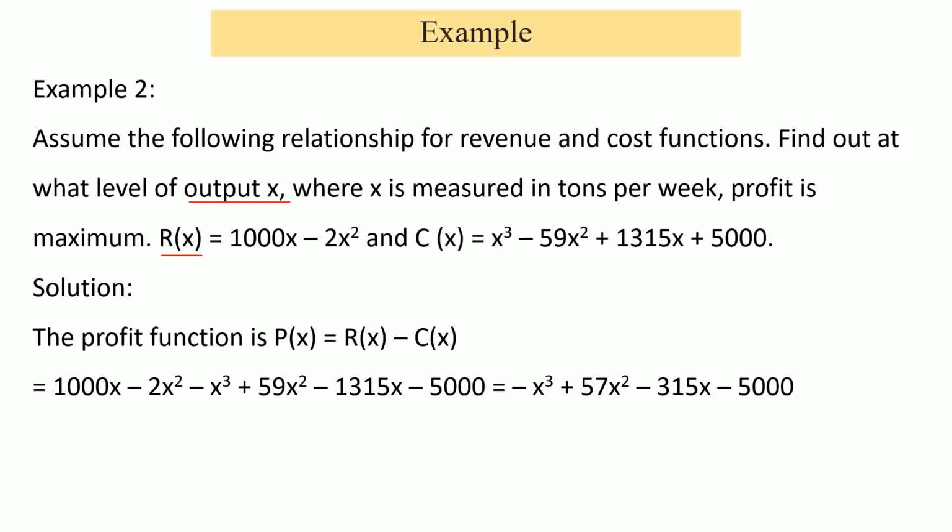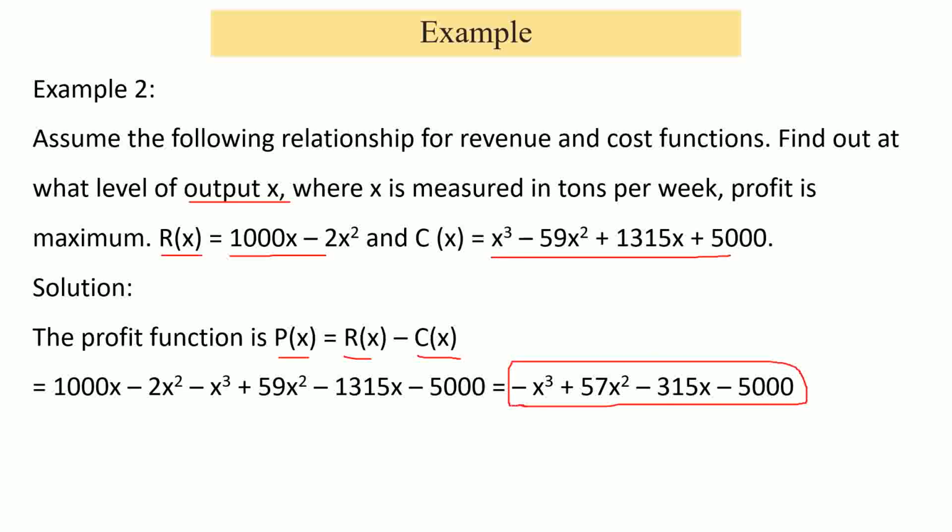So the profit equation will be P of x equals revenue minus cost. When we replace revenue and cost with these, we get a polynomial having cubic and quadratic terms.